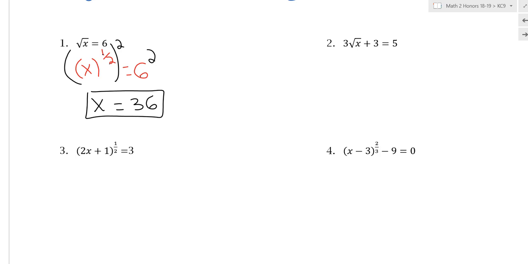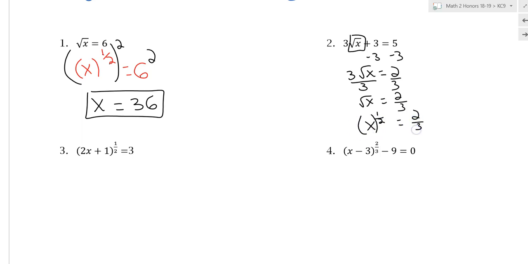It works the same way for number 2, but we want to get what's the radical or the exponent by itself still. So we're getting this by itself. We're going to subtract 3. We're going to divide by 3. If we switch this, we get x to the 1/2, right, equals 2/3.